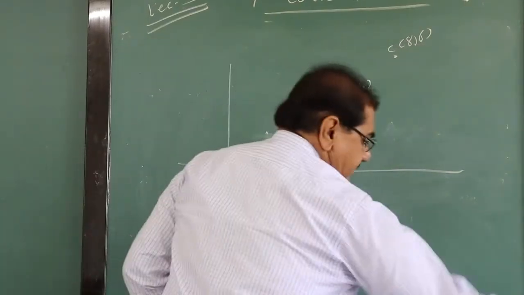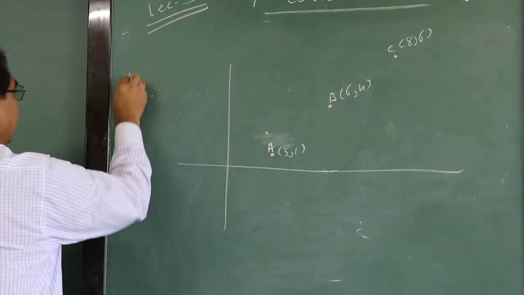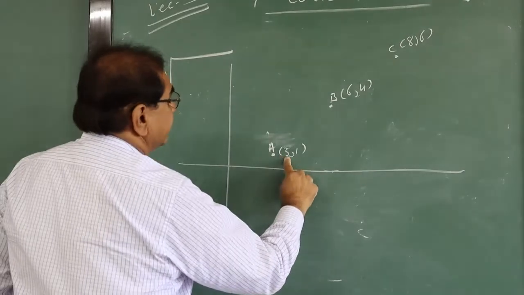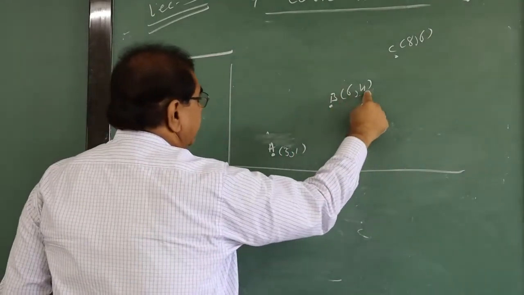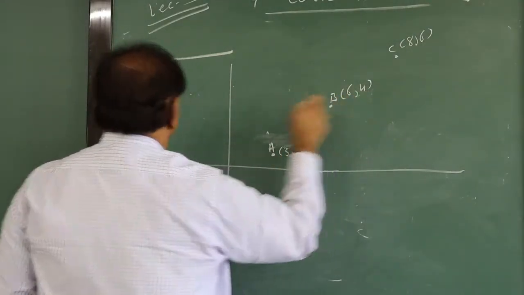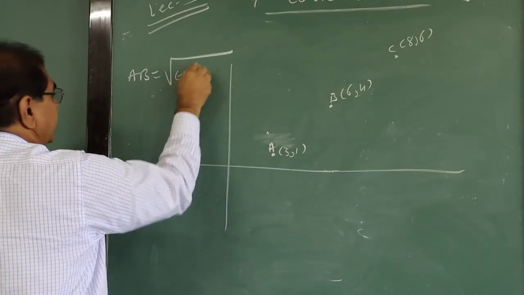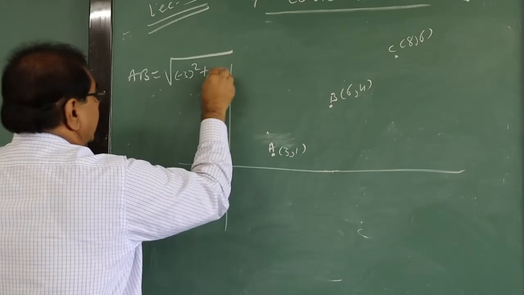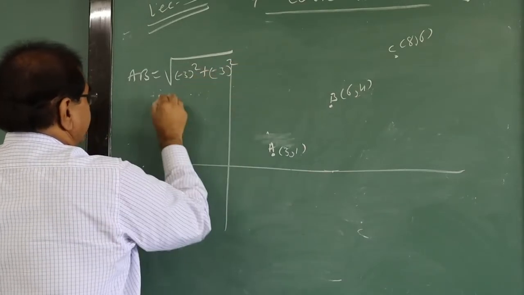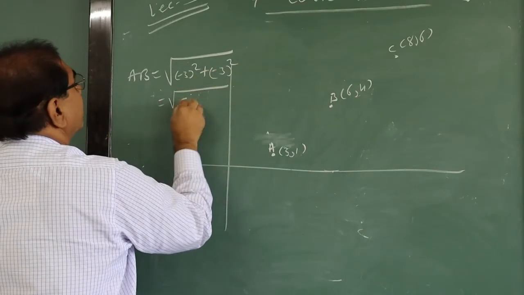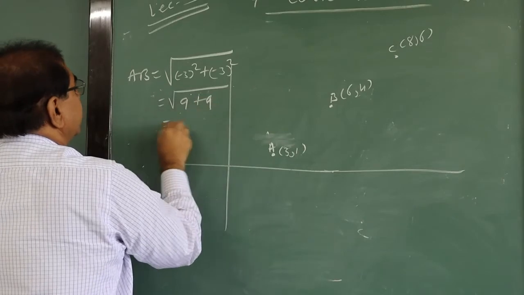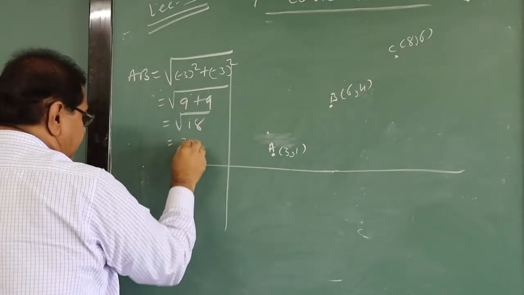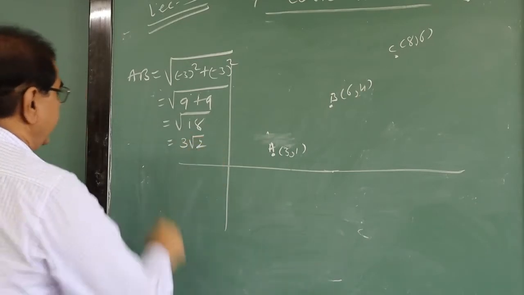So first of all, I go for AB. Square root of (x1 minus x2) whole square plus (y1 minus y2) whole square: 3 minus 6, minus 3 whole square, plus 1 minus 4, again minus 3 whole square, is equal to square root of 9 plus 9, square root of 18. 9 twos are 18, so it is 3 root 2.